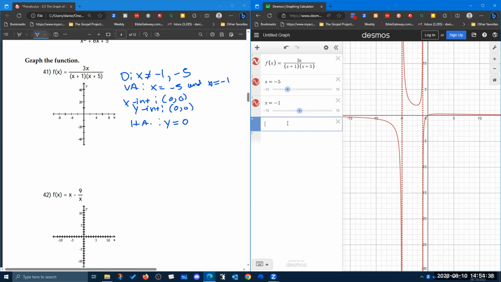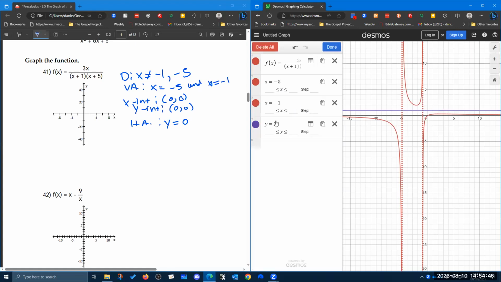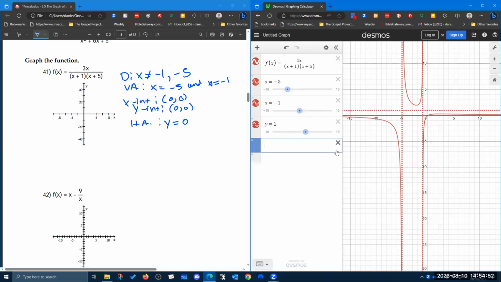I'm also going to show you the horizontal asymptote of y equals 1. We're going to make that broken as well. I'm sorry, y equals 0. Okay.